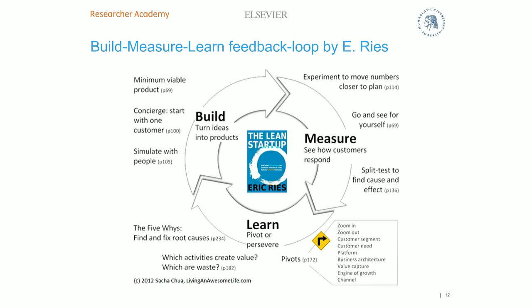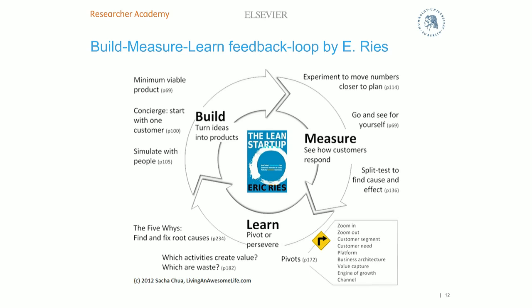You're focusing on one early customer which you can satisfy with your minimal viable product. And what you also do during this build phase is you simulate your product with people. You test it within your company with people, and then you deliver your MVP to the market.